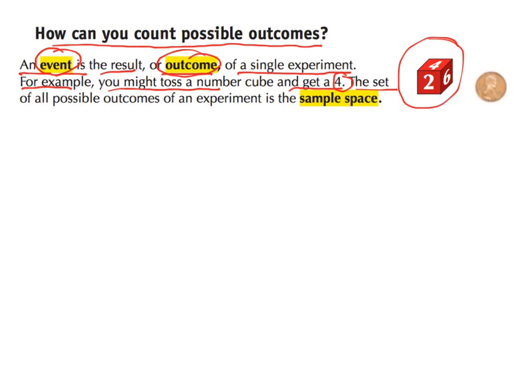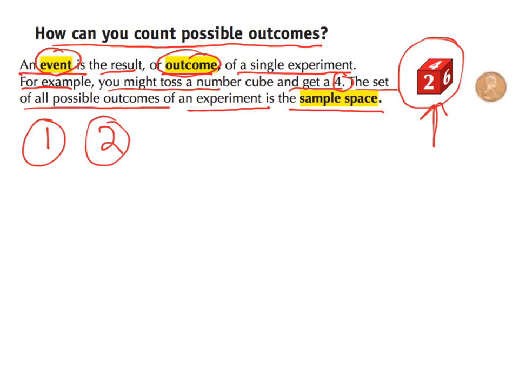The set of all possible outcomes of an experiment is the sample space. What does it mean? Let's take the cube. If you toss the cube, say you land up with 1. Is 1 an outcome of that tossing? Yes. Say you toss it again and you land up with 2. Is 2 the outcome of that tossing?